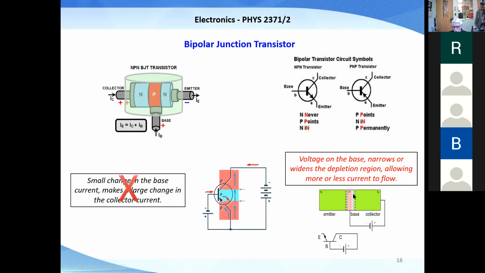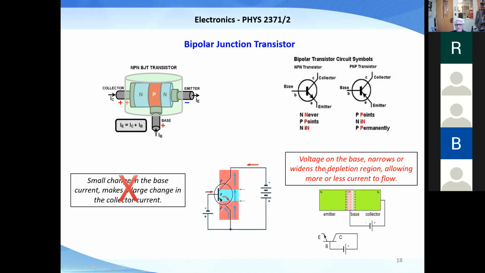You have a depletion region here, and you can change the width of this depletion region by how much base voltage you have. So then you can get current flowing across here, and that changes according to what this depletion region's doing. And this depletion region is governed by the base.